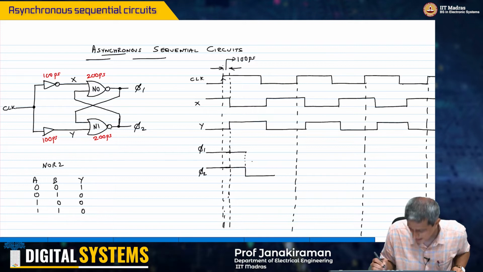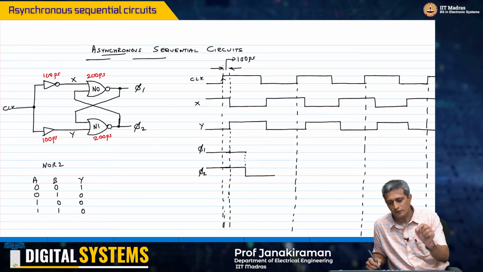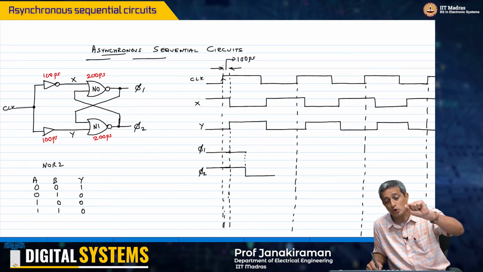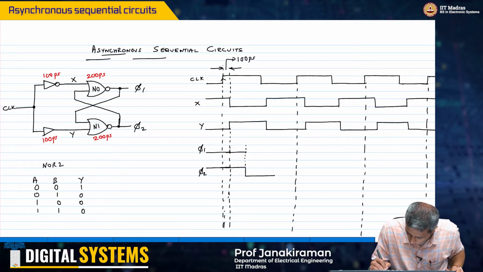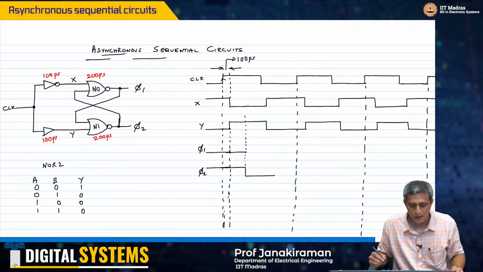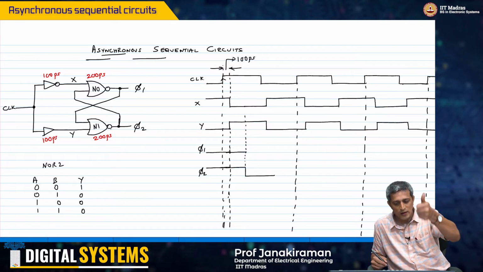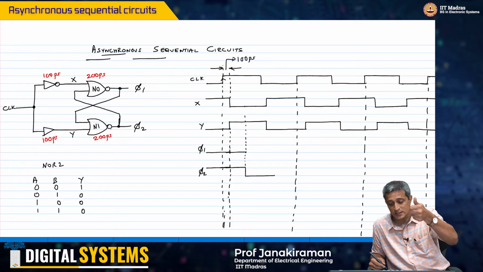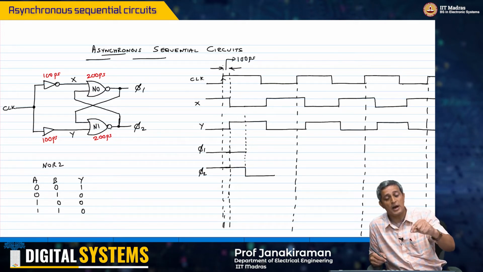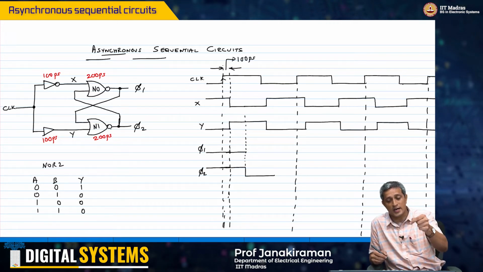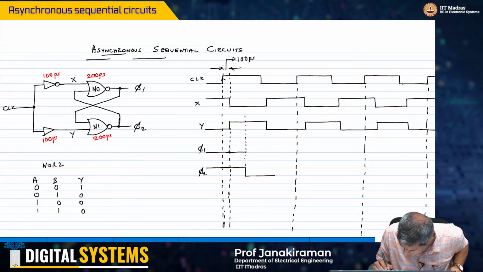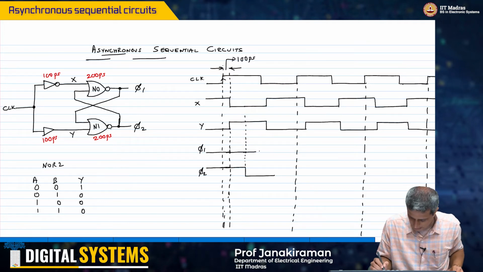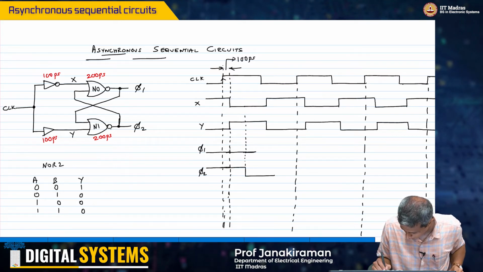And then phi 2 has gone low, but if you look at the input to n0 at this time instant, x is 0, phi 2 has also gone 0, but it will take another 200 picoseconds before phi 1 can go high, right.